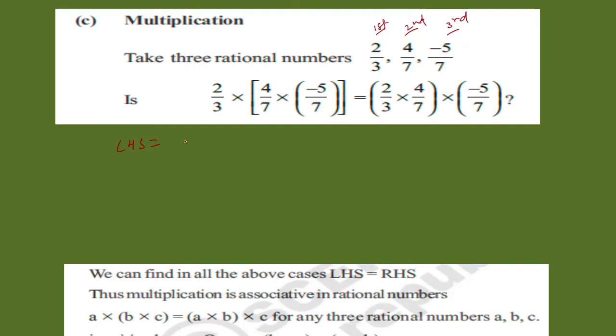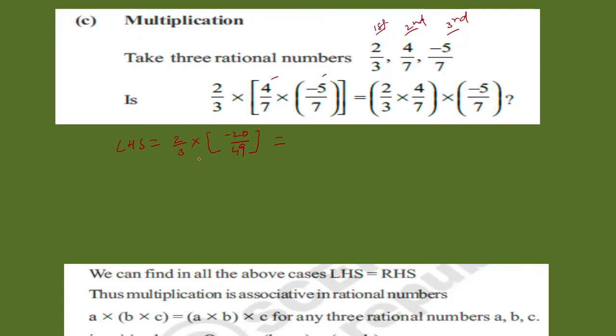You look at the left hand part, 2 by 3 is the first number. Now you simplify the product of the second and third numbers. 4 into minus 5, minus 20 by 7. 7 sevens are 49. 4 fives are minus 20.